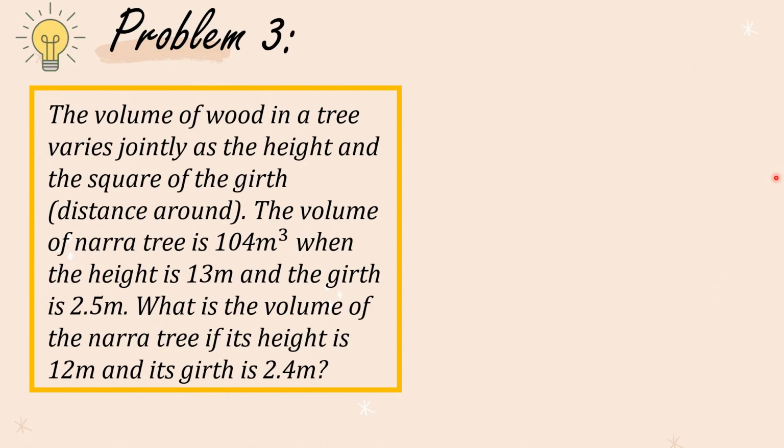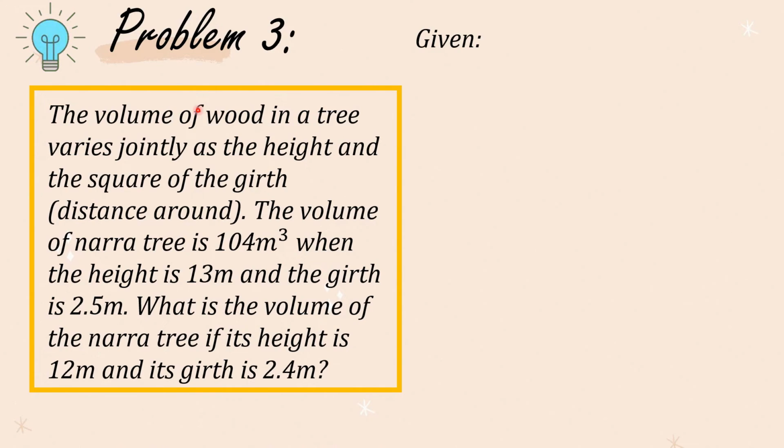So ano ang una ulit nating dapat gawin? Very good! Basahing mabuti. After that, hanapin na natin ang given at kung ano ang hinahanap. So, ilang variable ba ang present dito? Very good! Tatlo.